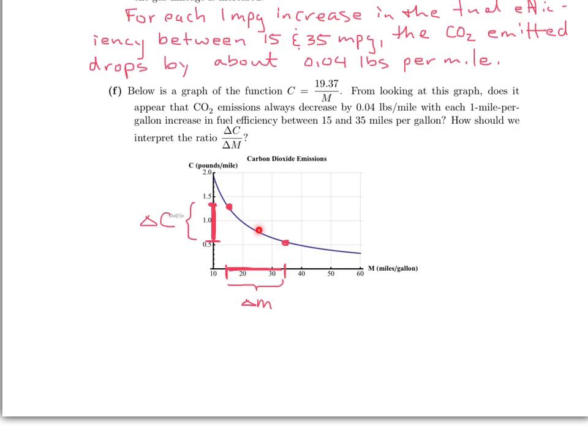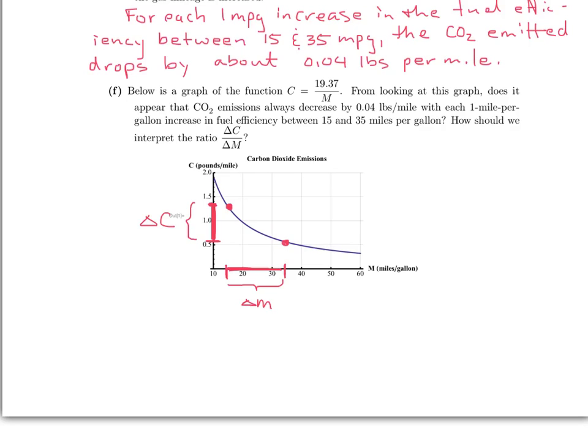Would that same thing happen if I started here? If I started here and went 1 unit to the right, do I still fall 0.04 units? I think you would say the answer is no. Over here, we might fall actually more, perhaps, than 0.04 pounds, but over here, maybe we actually fall less than 0.04 pounds per mile.